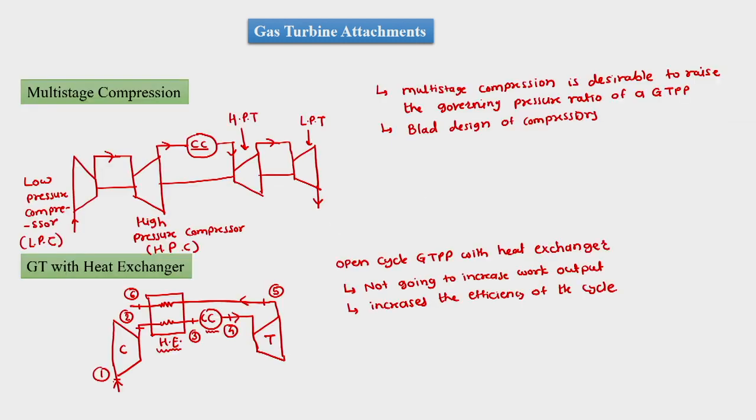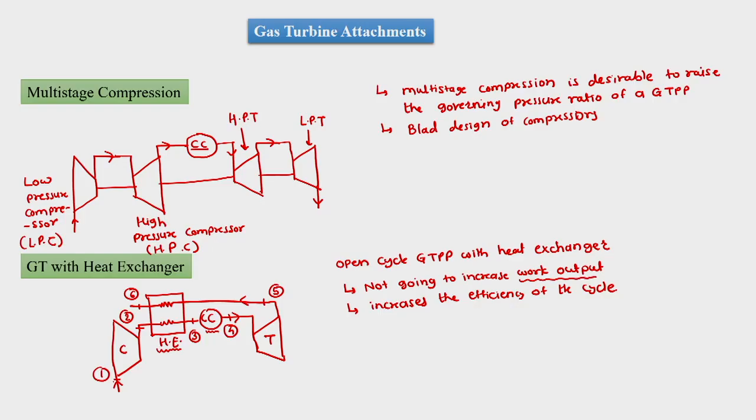So we have seen that there are two possible arrangements, but the heat exchanger arrangement is generally used at low operating pressure ratios of the cycle, since this has a lot of friction loss and it practically reduces the work output, although it does not reduce as much as what we see in the ideal case.